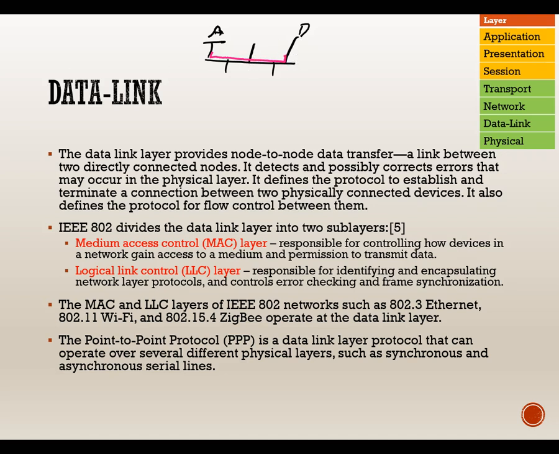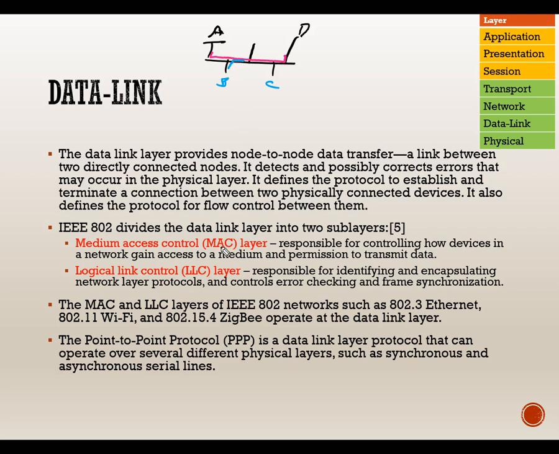If at the same time B tries to go to C and puts its signal on the wire, then we have a collision. When we have a collision, we have to start both conversations over, much like if you're in a room and a lot of people try to ask a question at the same time. Nobody understands what's being said.